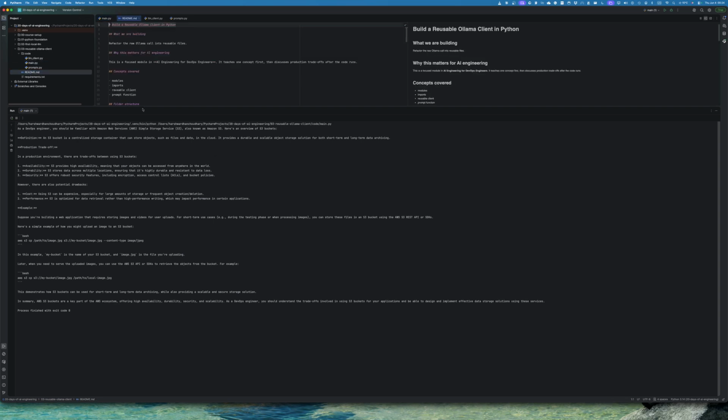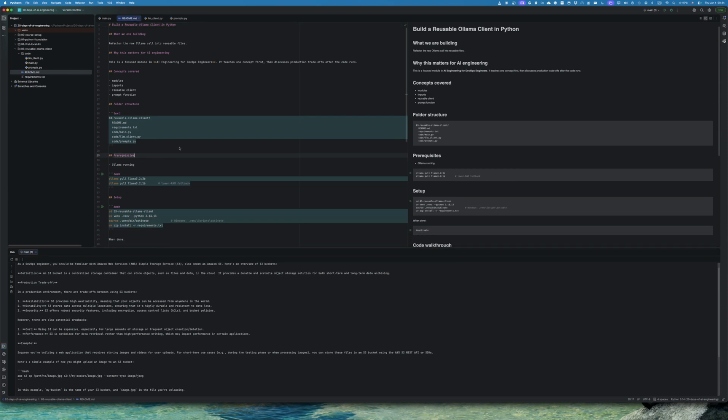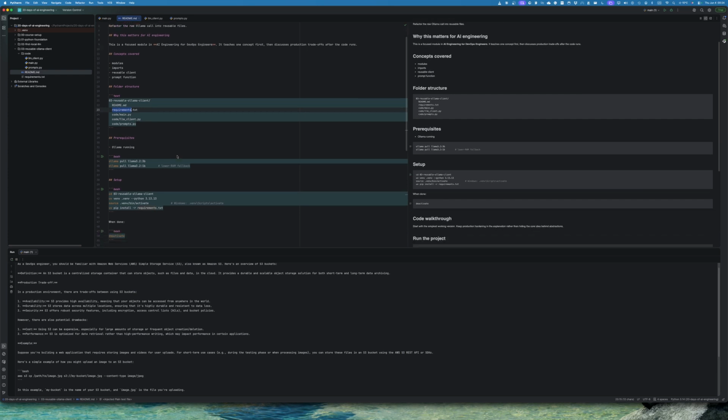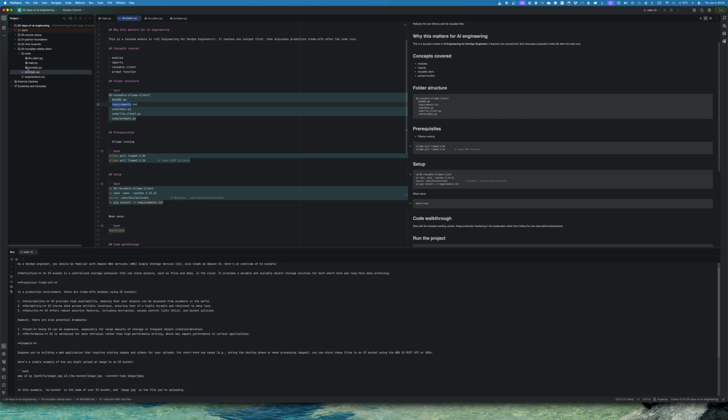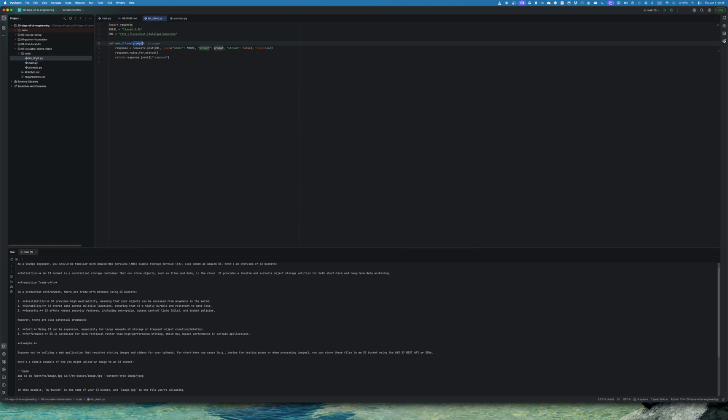So let us try to explain this. We have requirements.txt, and this is the structure of how I've arranged the code, and we would need a local model. So which model are we using now? All right, we are using Ollama 3.2.